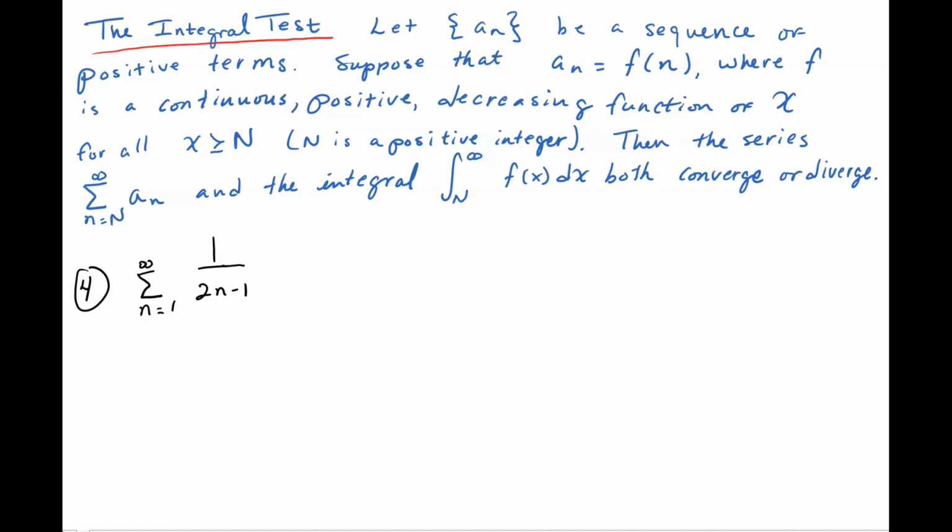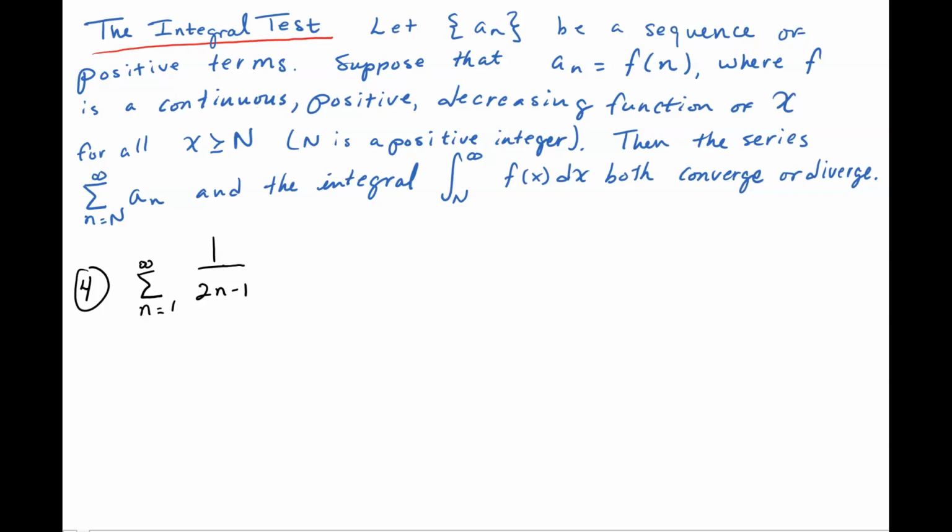It says, let a sub n be a sequence of positive terms. Suppose that a sub n equals f of n, where f is some continuous, positive, decreasing function of x for all x greater than or equal to n, where n is a positive integer.